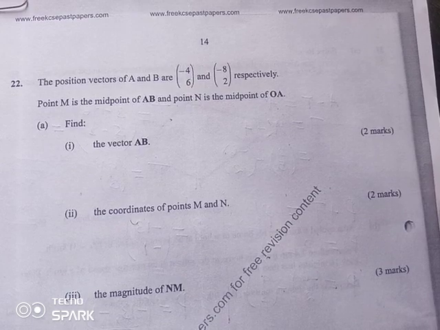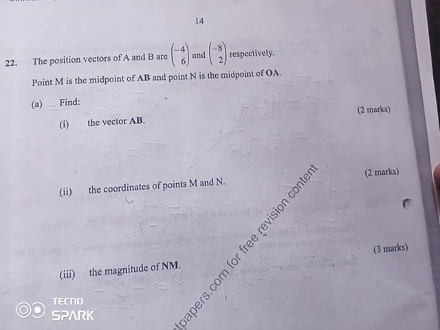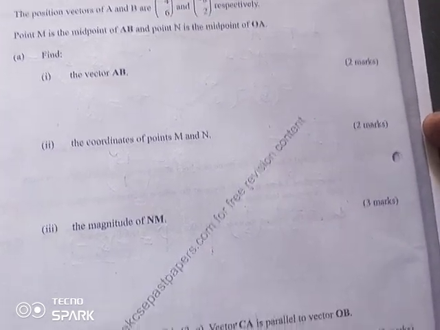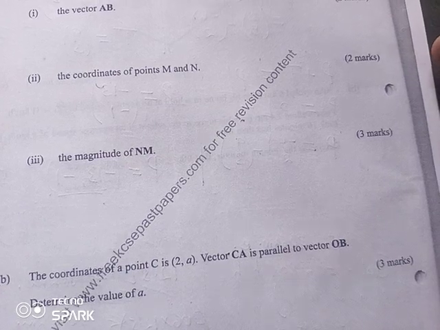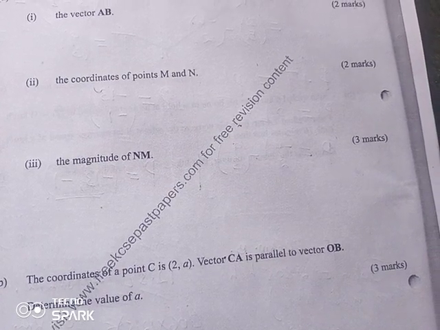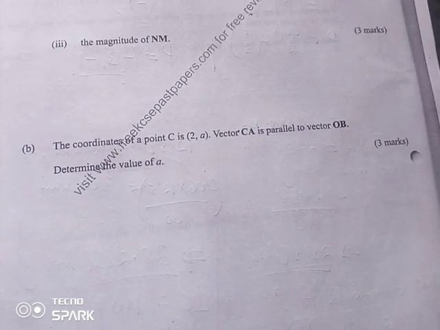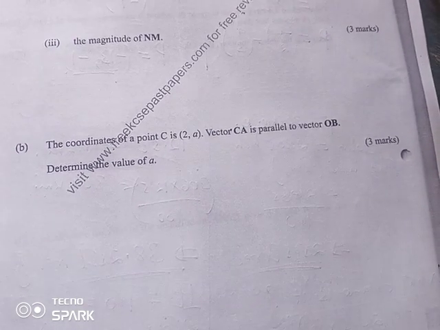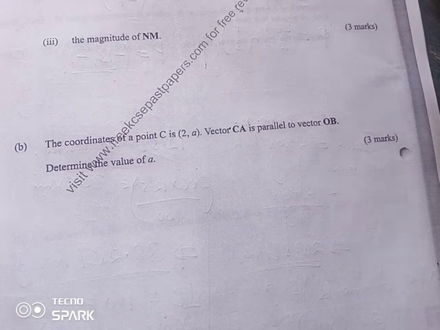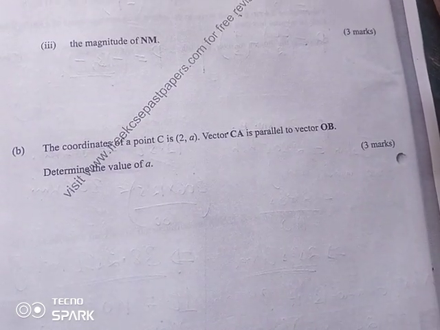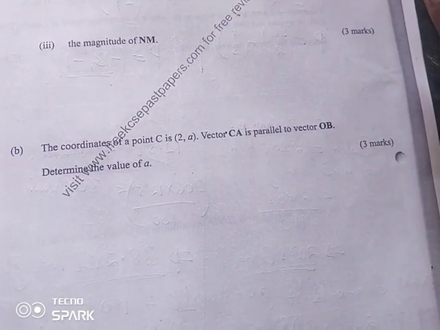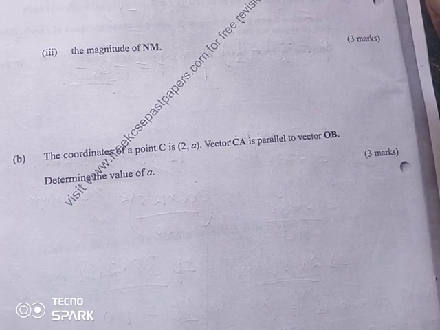Find the vector AB, the coordinates of M and N. Roman 2, the magnitude of MN. And lastly, part B: the coordinates of a point C is 2A, vector CA is parallel to vector OB. Determine the value of A.